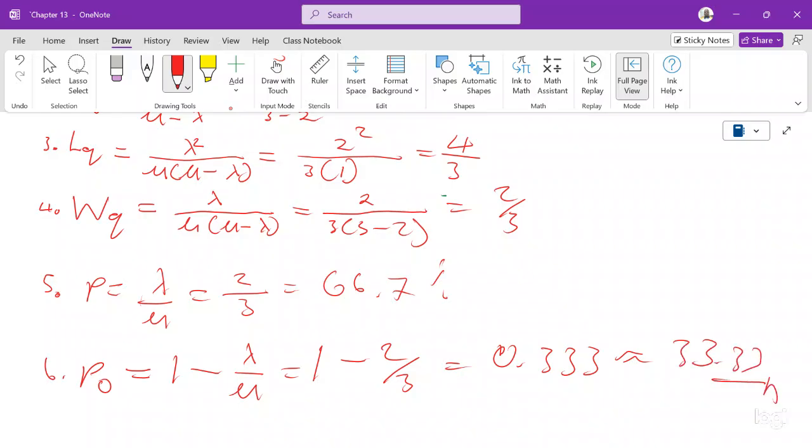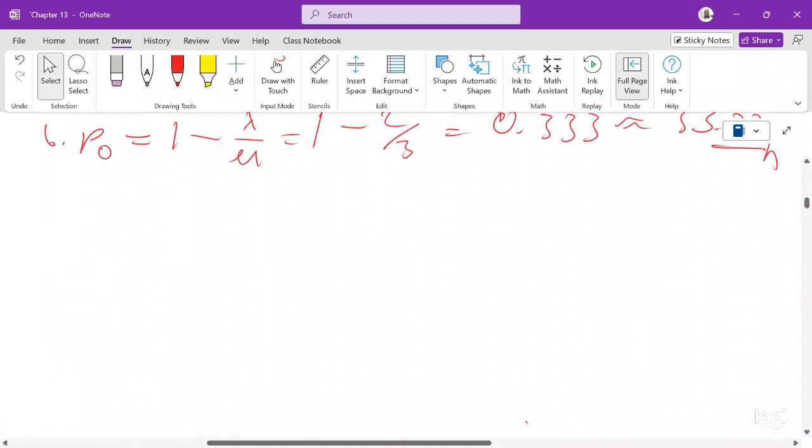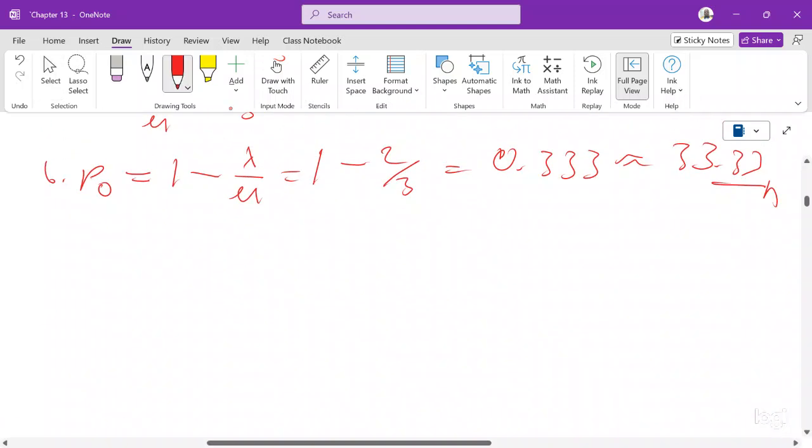All right. Now we move to the next step, which is number 7. Number 7 says probability of more than k units in the system. Okay, k units in the system. Here you will end depending on the units in the system.